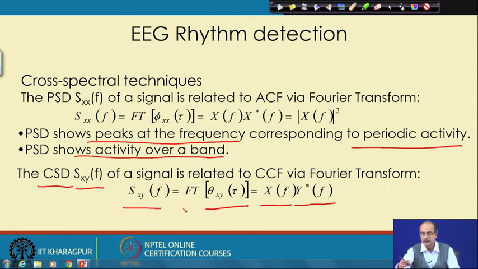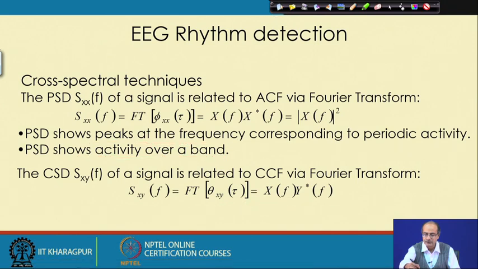That is the general concept, and now we have two techniques. One is a time domain technique, the other a frequency domain technique. For the time domain we had the cross correlation coefficient, and in the frequency domain we have the cross spectral density, and both of them are actually Fourier transform pairs.